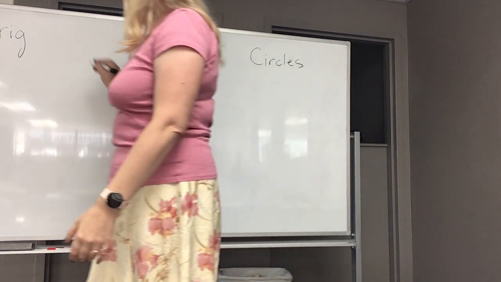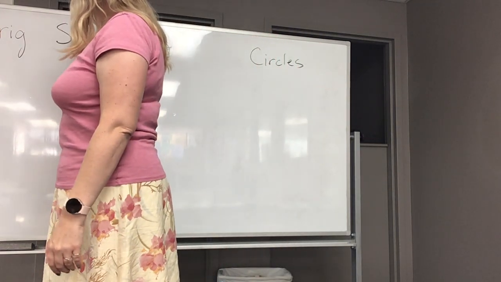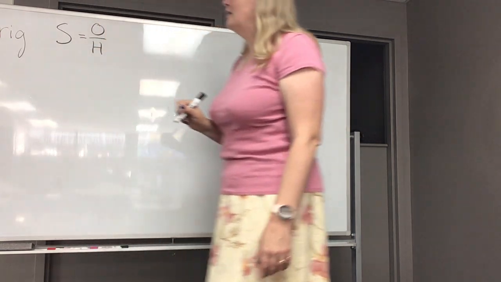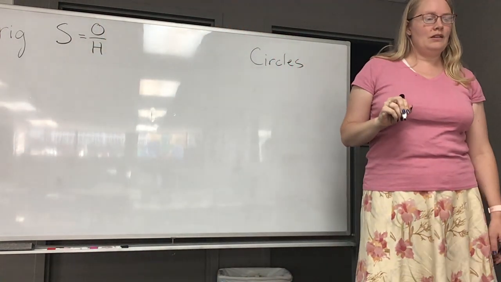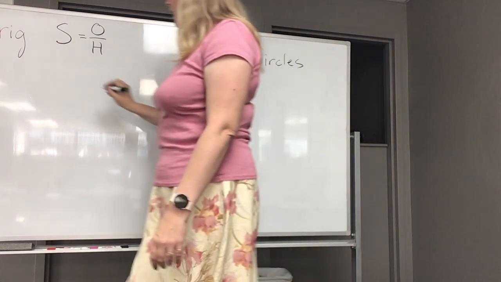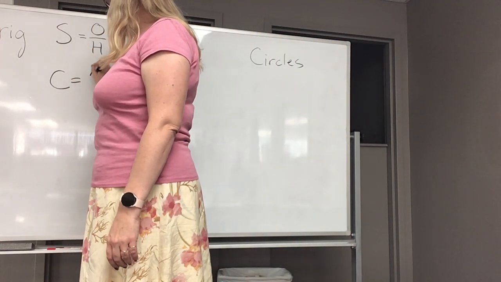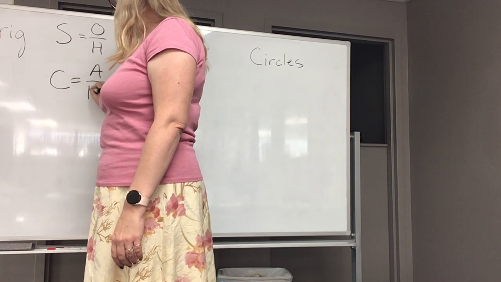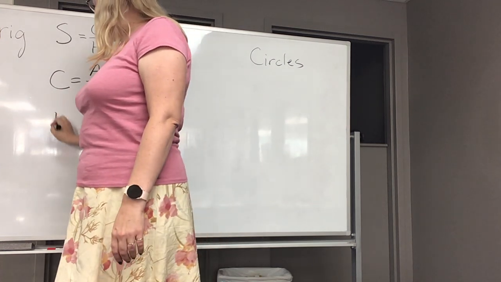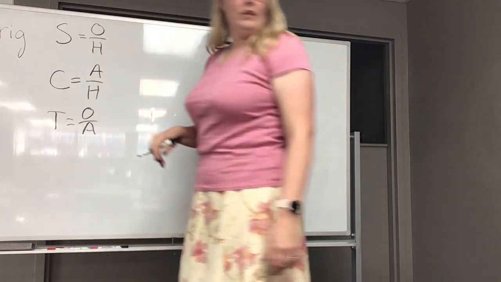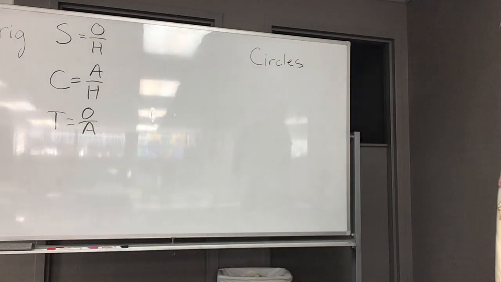But the trig ratios tell us that the sine is equal to the opposite over the hypotenuse, and we brushed on this last lesson, but we're going to spend more time on it today. The cosine is equal to the adjacent over the hypotenuse, and the tangent is equal to the opposite over the adjacent.